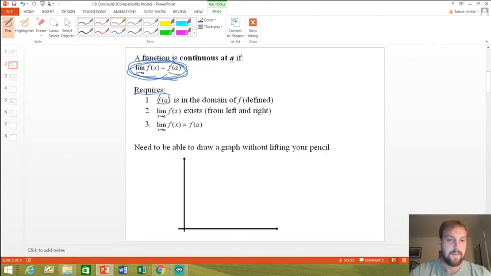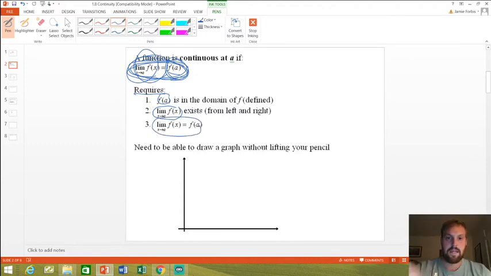It's defined, meaning that I can plug a into the equation and actually get out a number, that there's no asymptote or hole, no undefined point. And then we have to show that the limit exists. So we showed this piece of it. The second step is to show this piece of it. And then once I find each of those values, I can finally make that conclusive statement that they're equal to each other.